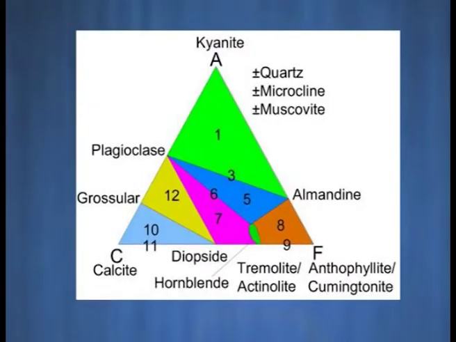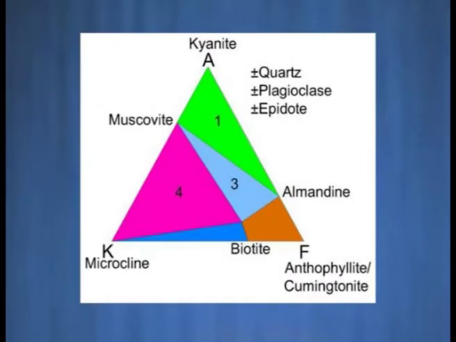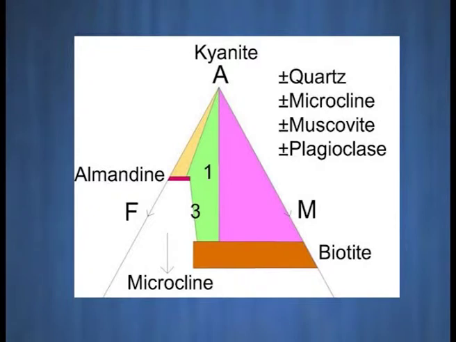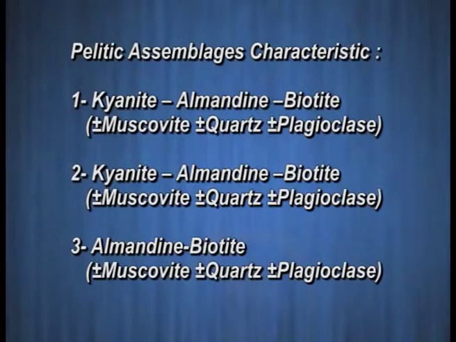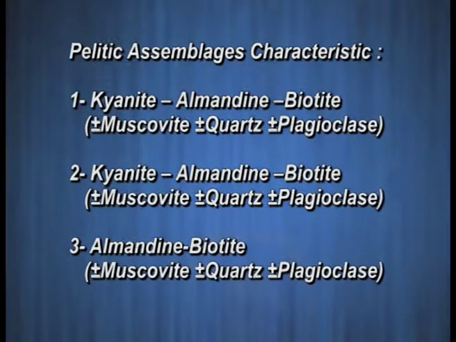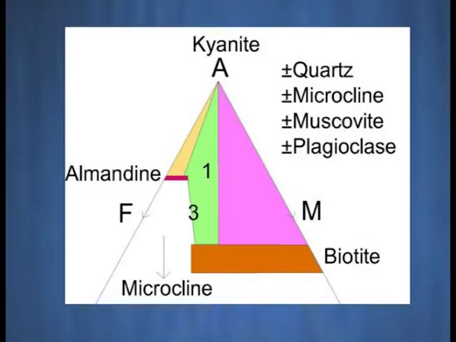Now, the next important thing is your mineral assemblages, the characteristic pelitic assemblage. See on the ACF, AKF and AFM diagrams of the Amphibolite facies. Now, we can observe the pelitic assemblages. Assemblage number 1 is kyanite, almandine, biotite, muscovite, quartz, plagioclase.